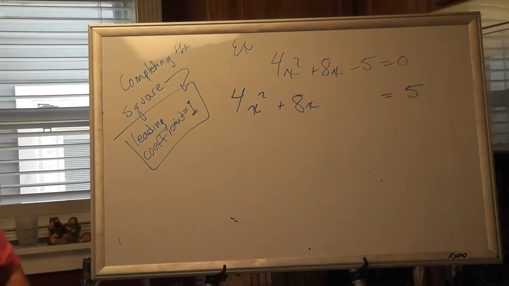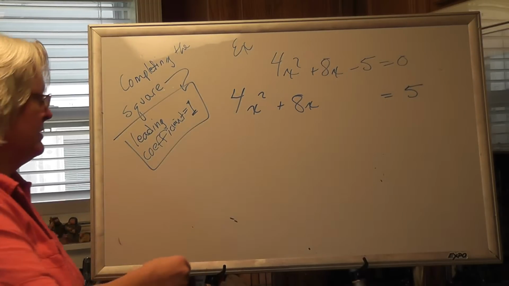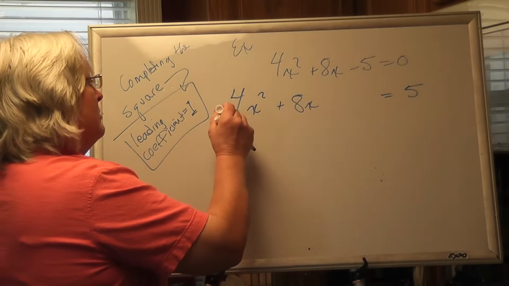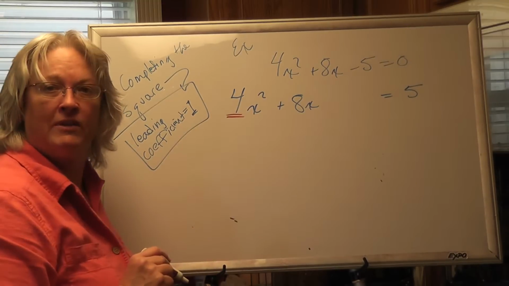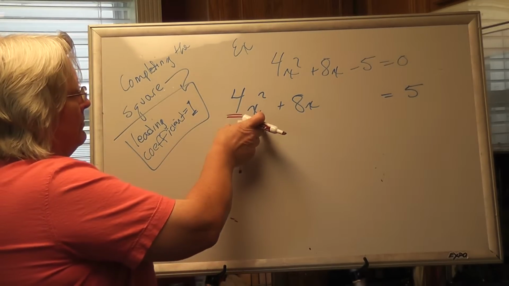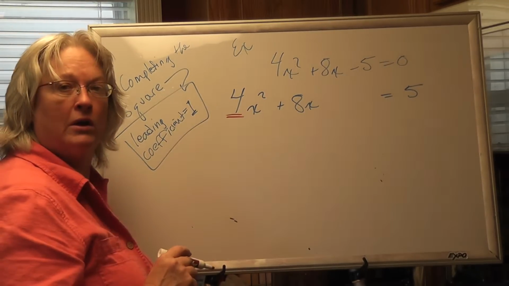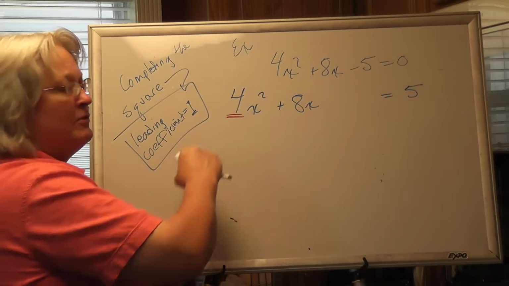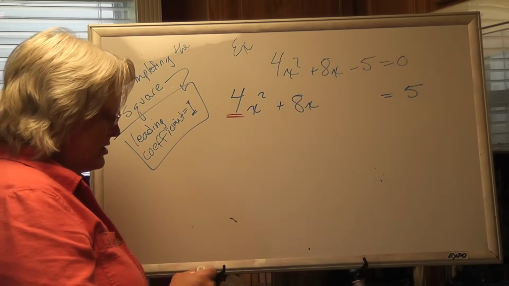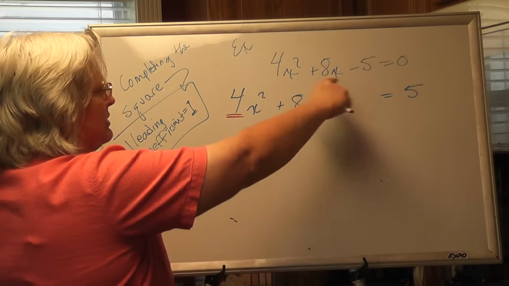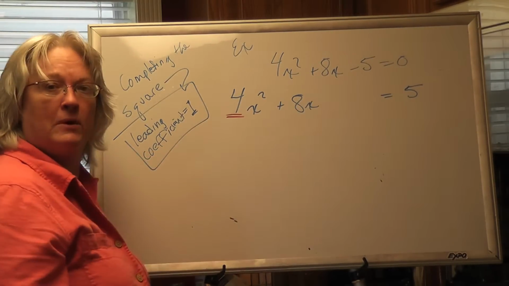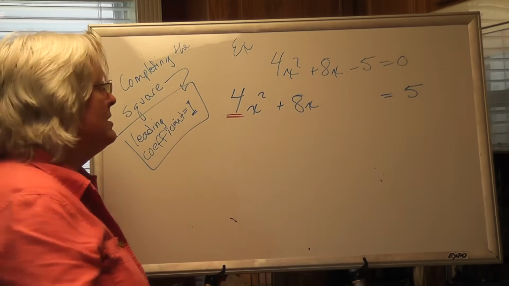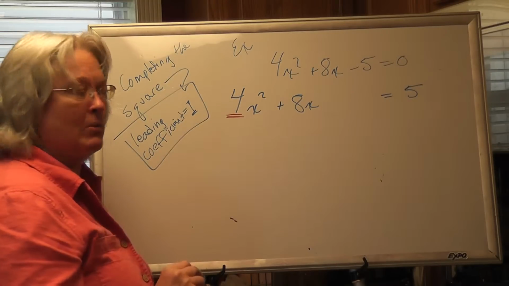And remember that the coefficient is the number part of that algebraic term. So we have a 4 here. The leading coefficient is the first coefficient in your algebraic expression, and that has to be a 1. Is it a 1? Nope, it's not a 1.